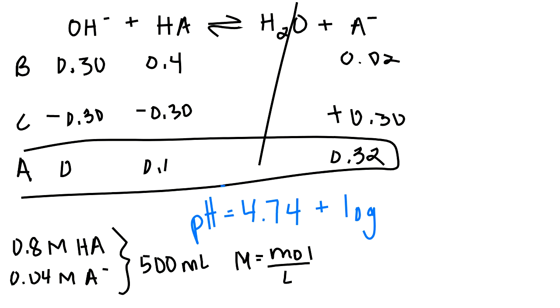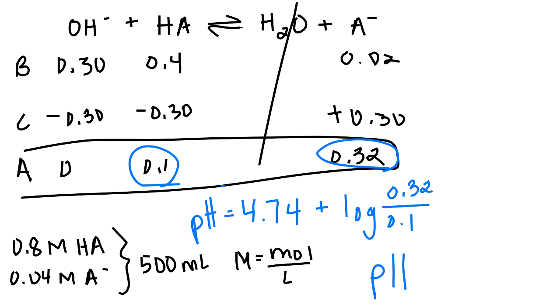And again, we can use moles in this Henderson-Hasselbalch equation. So our base is the 0.32. Our acid is the 0.1. And so we solve for our pH. And we get a pH equal to 5.25.